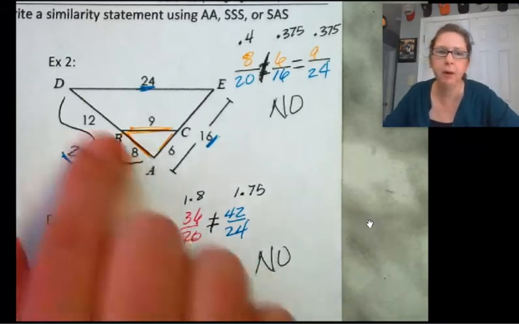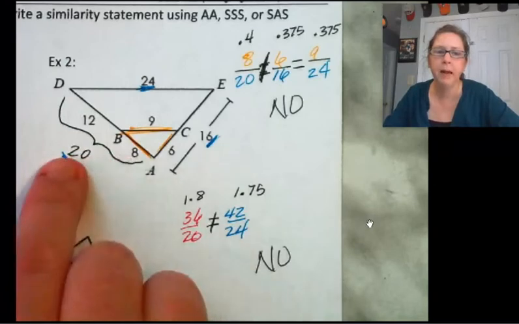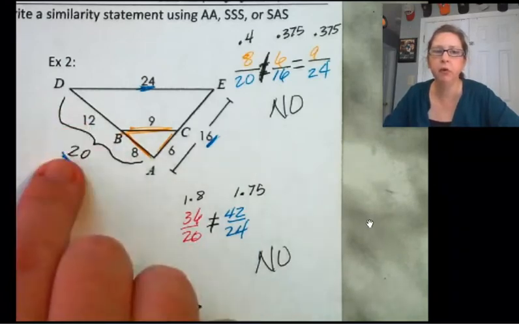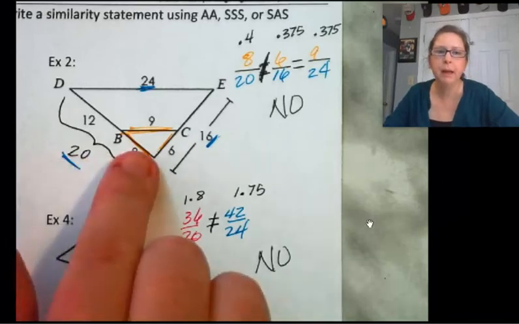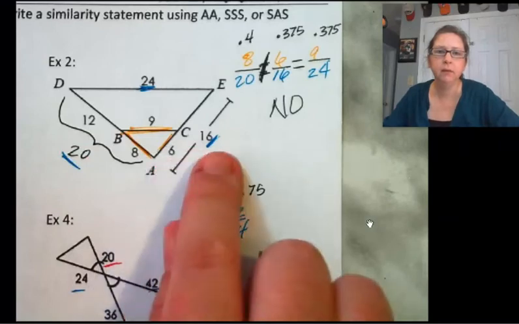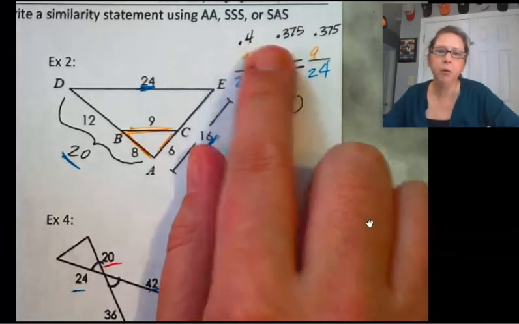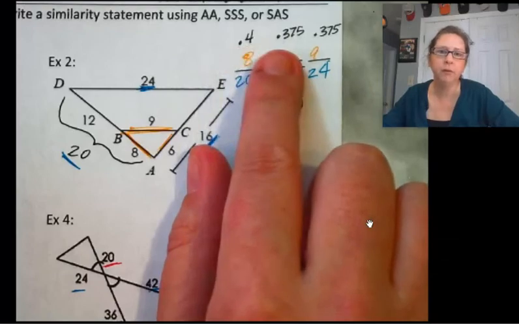Now, what was tricky about this large triangle is that you had to add 12 and 8 to get their total length of 20. Okay? So 8 to 20, 6 to 16. You can check right here that 0.4 is not equal to 0.375.